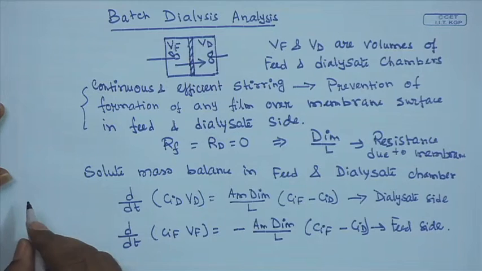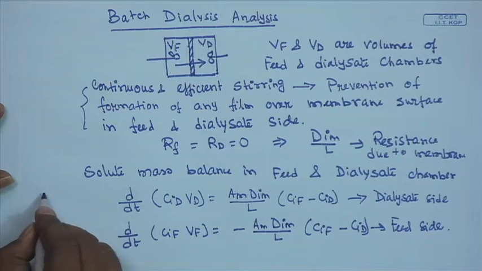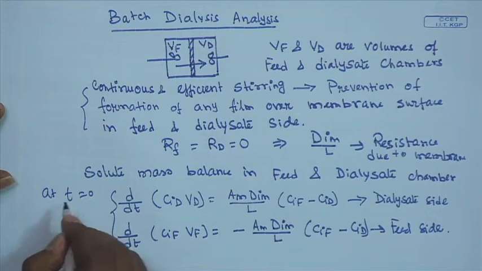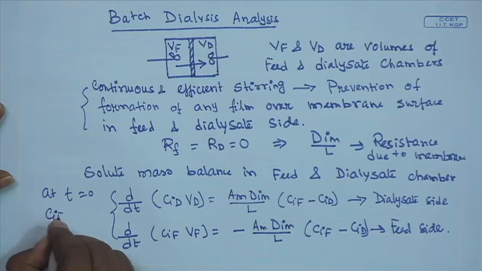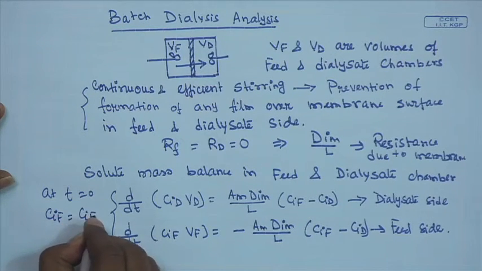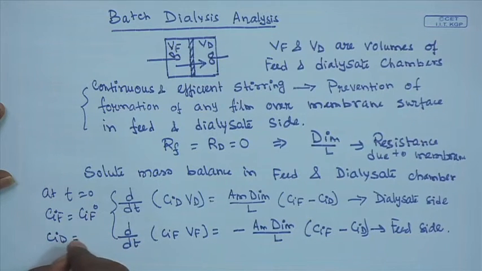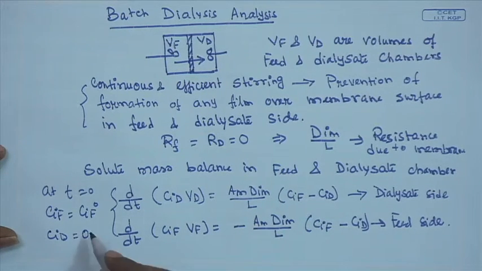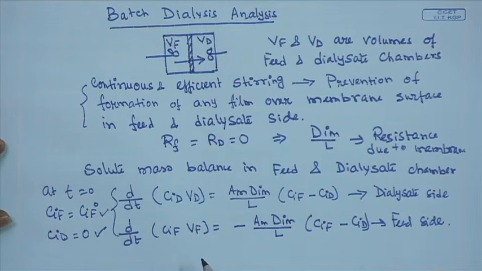What will be the initial conditions for both of them? At t equal to 0, we have C_iF equal to C_iF naught, and at t equal to 0, C_iD equal to 0. It was pure dialysate initially, so there is no solute present there, and on the feed side there is a feed concentration C_iF naught.